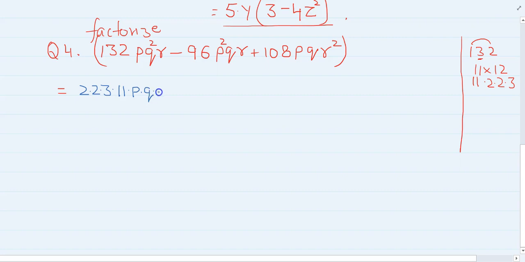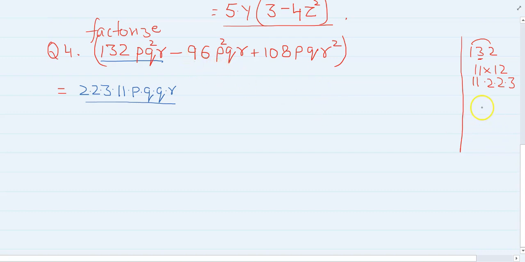This is q², q multiplied by q multiplied by r. So these are the factors of 132pq²r.